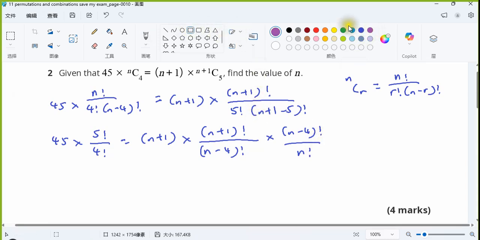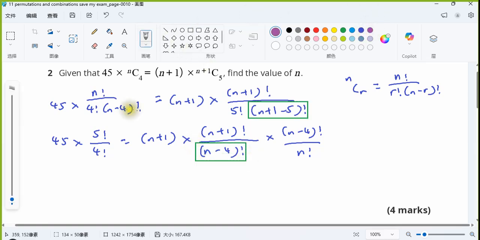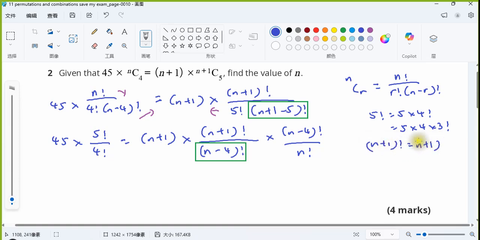So this one, okay, is this. And then we move the. Okay, so we know that the 5 factorial is 5 times 4 factorial, is 5 times 4 times 3 factorial, and so on. And we have the n plus 1 factorial. I also can write as n plus 1 times the n factorial.